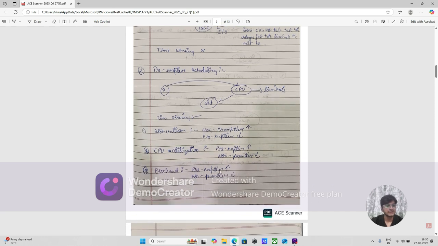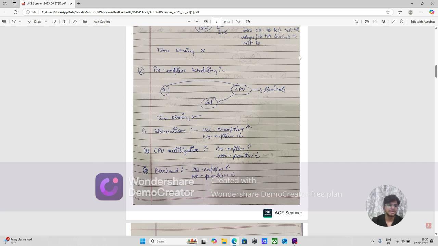And overhead in preemptive is more, because if P2 has time sharing, P2 will be allocated, but after 1 or 2 seconds it has to go for IO or a software interrupt, or the time sharing of 10 seconds has completed, then it has to go again to the ready queue.